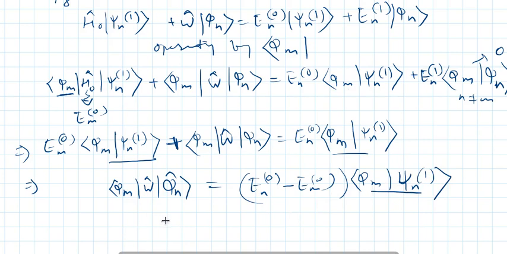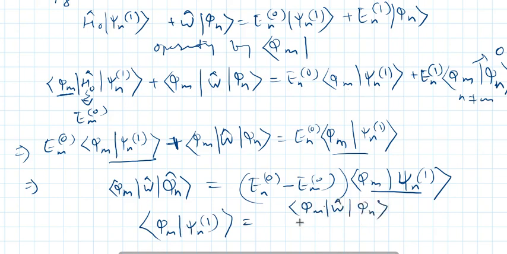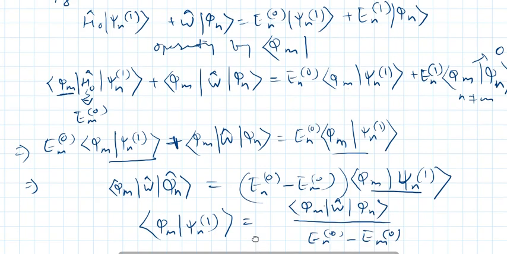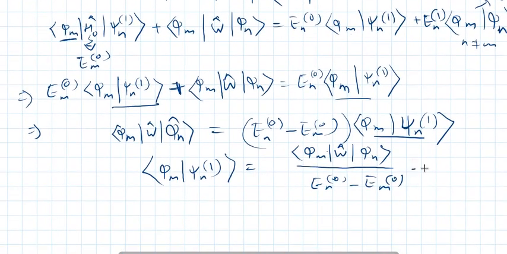So that means phi m psi n1 comes out to be phi m w phi n divided by En0 minus Em0, and this is equation number 19.